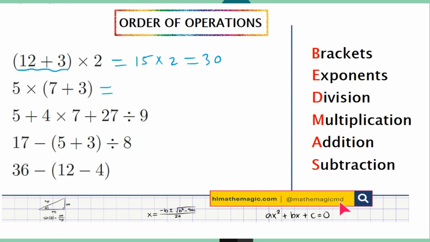On to question 2. Again, here the bracket goes first, which is a 10, so 5 times 10 is equal to 50. Ooh, this one looks a little bit spicy. Try it out.